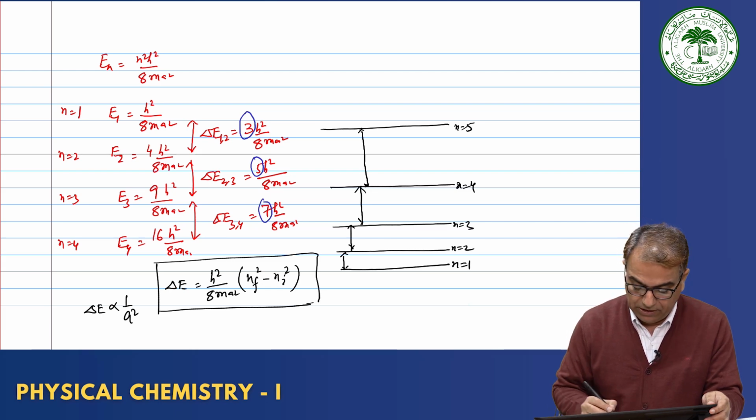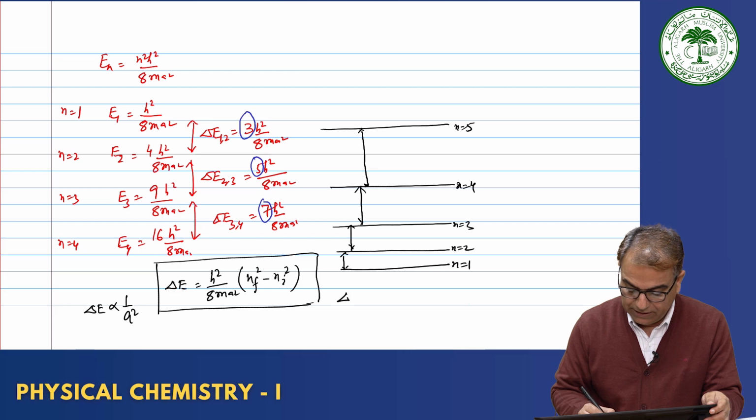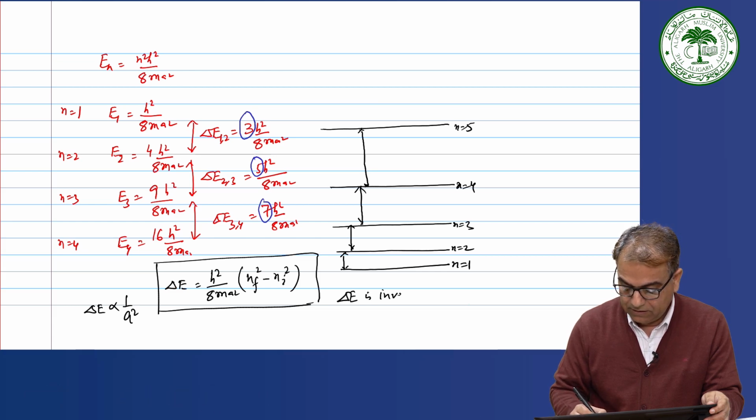So, delta E is inversely proportional to the dimension of the box.